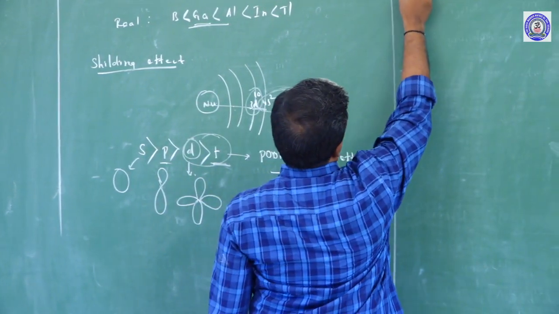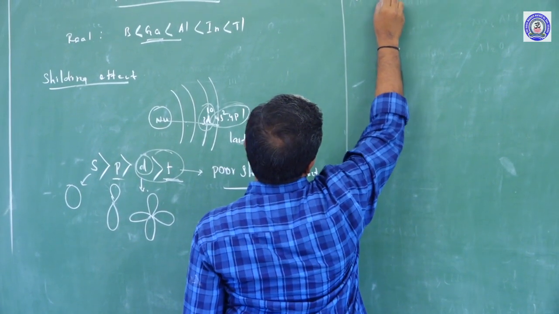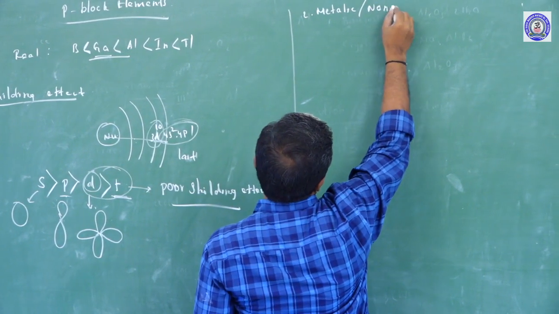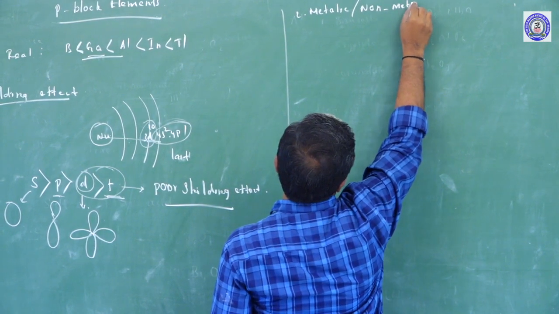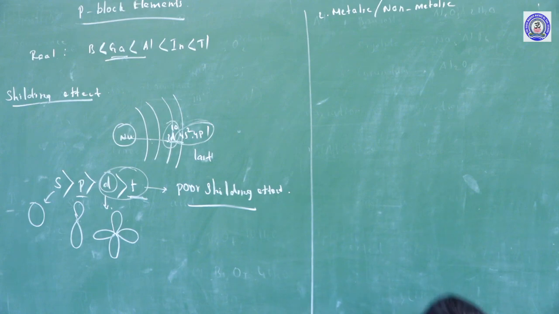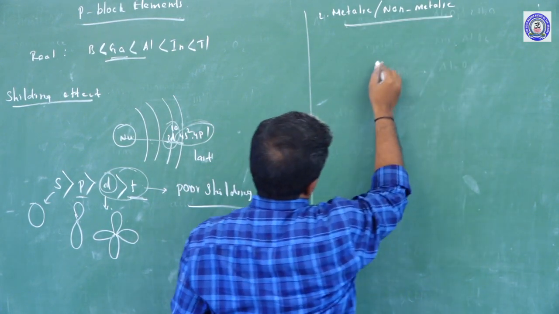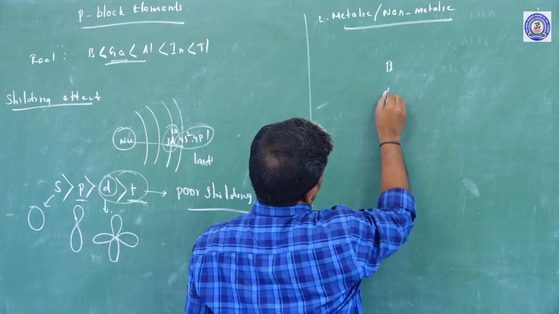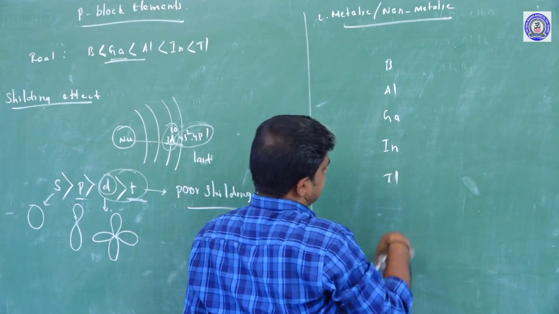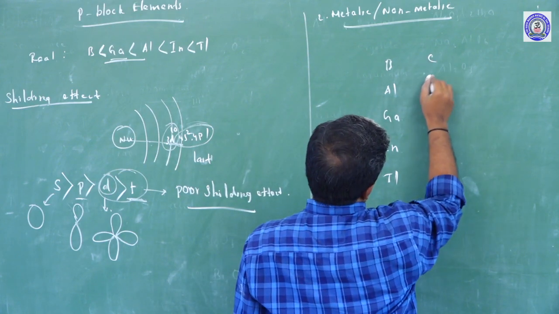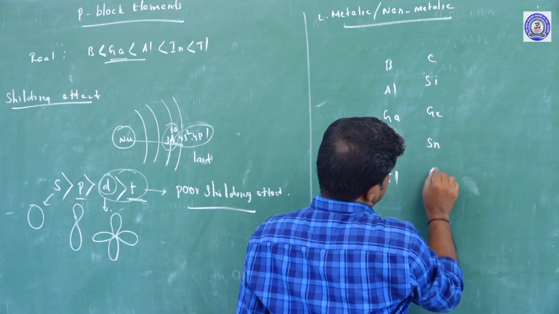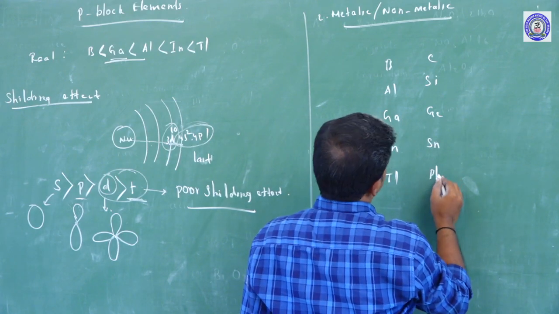It is the metallic property. Metallic and non-metallic character. Here we have boron, aluminum, gallium, indium, thallium. Then carbon, silicon, germanium, tin and lead.